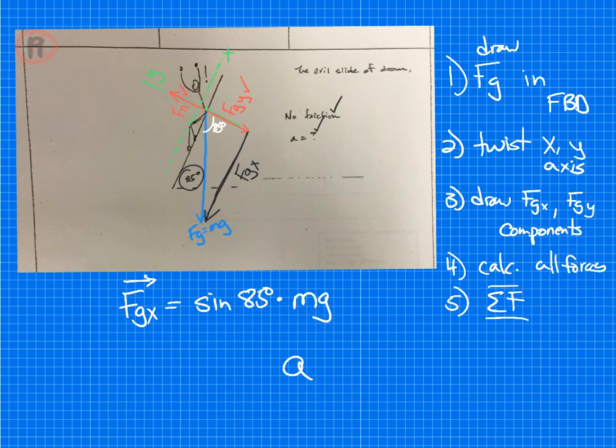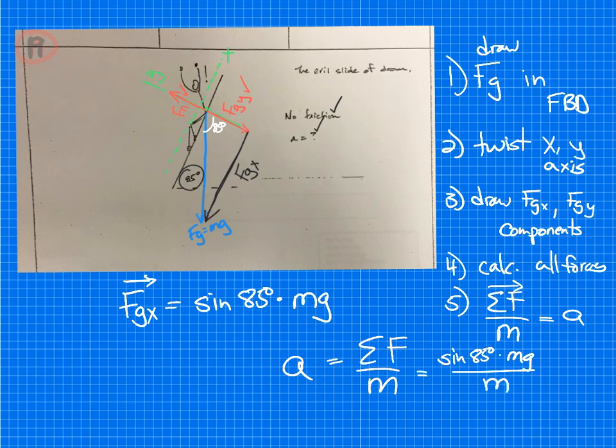And in fact, isn't it the sum of the forces parallel to the acceleration divided by the mass gives you the a? Well, I'm going to flip that around and rewrite it like this. Sum of the forces over mass. And if I substitute in, we have a force that is the force of gravity, x, so that's sine of 85, multiplied by mg, then divide that by mass.